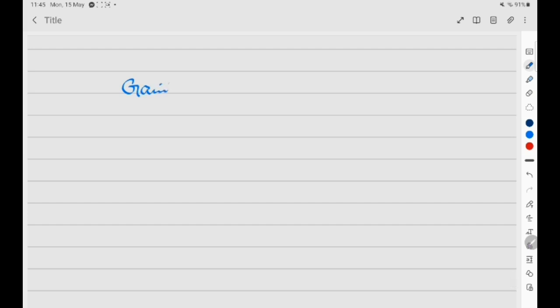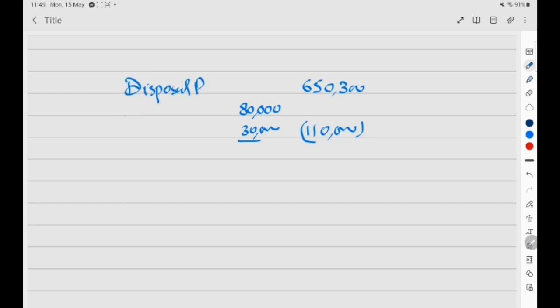gain. 6,50,300 is disposal proceed, 80,000 acquisition cost, 30,000 further expenses. So it is 1,10,000 that has to be subtracted from the disposal proceed minus allowable cost. So it is 5,40,300 of gain.